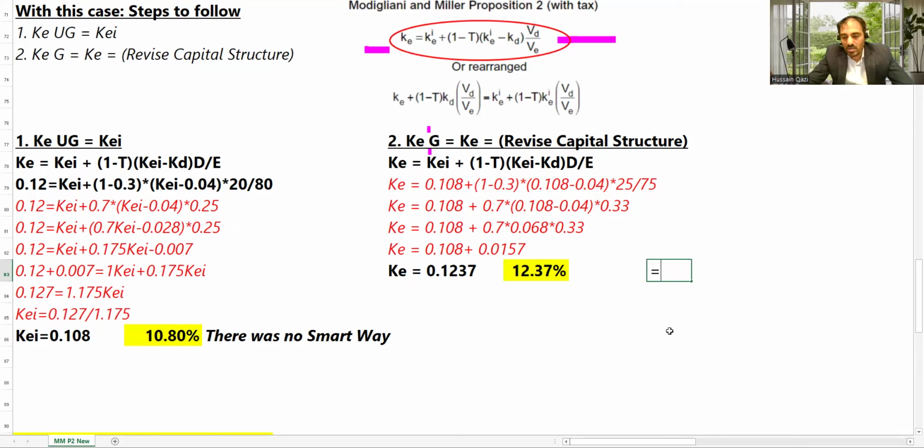K is equal to 0.108 plus (1 minus 0.3) multiplied by (0.108 minus 0.04) multiplied by 25 divided by 75.